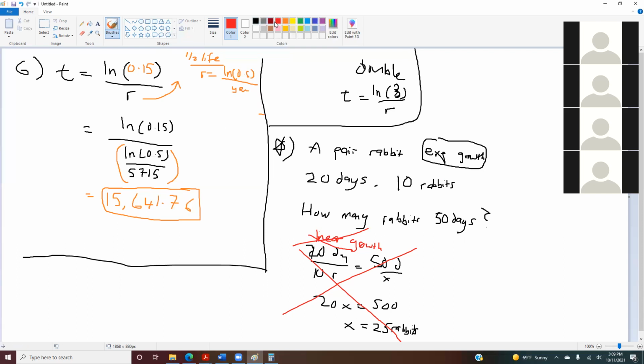So the first thing you need to know is how to find your rate. By reading this question, we'll be using this formula, PERT, because it's exponential growth.